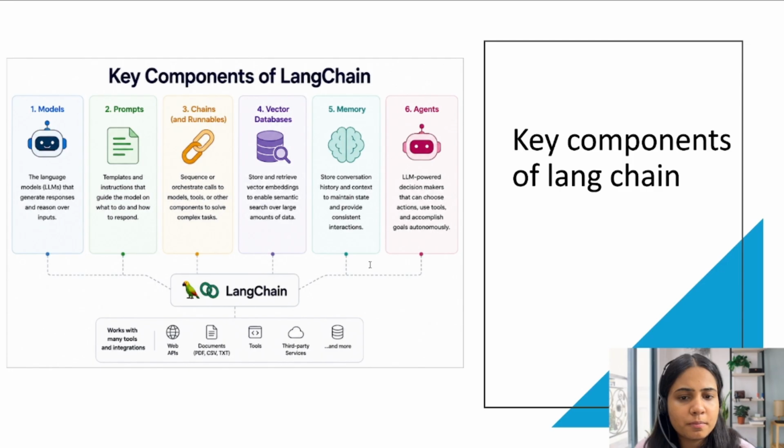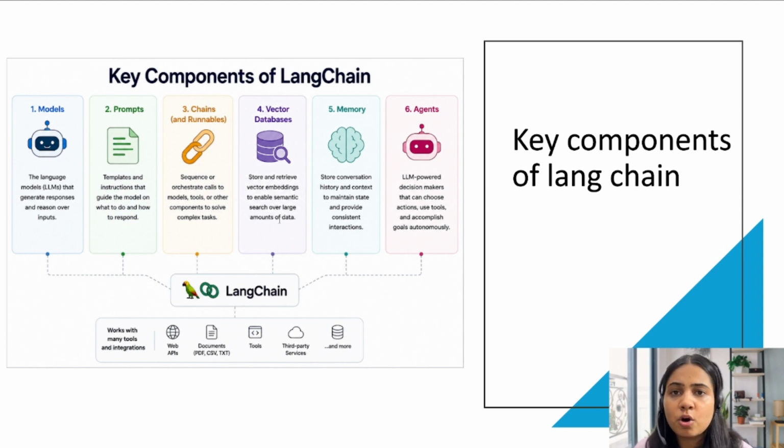So we have the prompt template class in LangChain, and it formalizes the composition of prompts without the need of any manually hard-coded queries and context. Just as we use templates in Java or HTML to avoid duplication, the same way, prompt template helps us write reusable prompts without writing them from scratch every time. We'll just use the existing templates. If we see here, it's mentioned, right, templates and instructions that guide the model on what to do and how to respond.